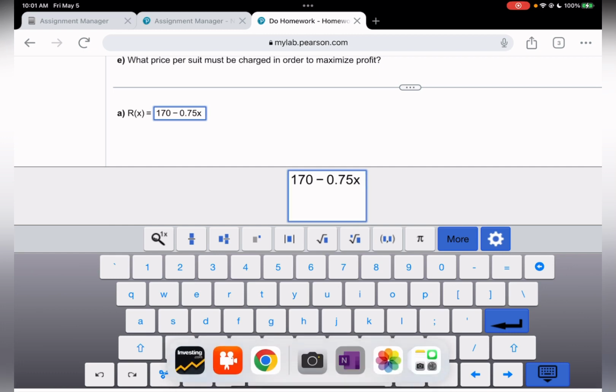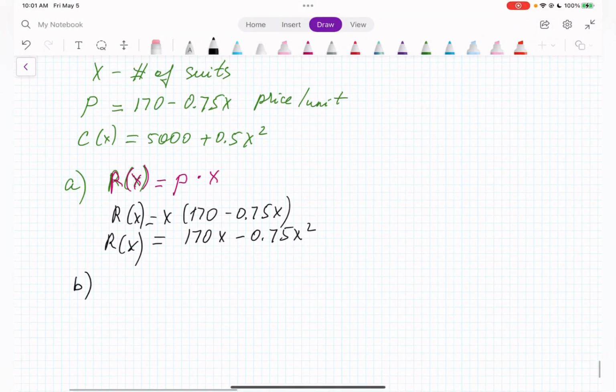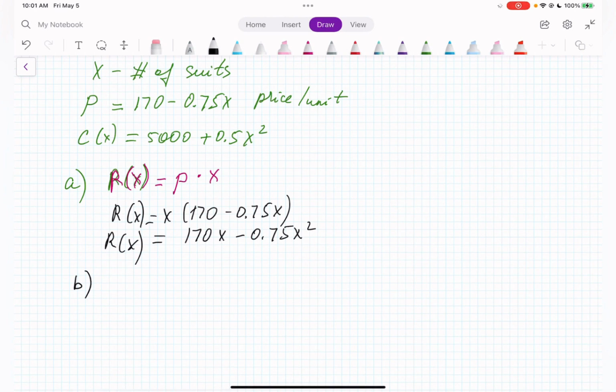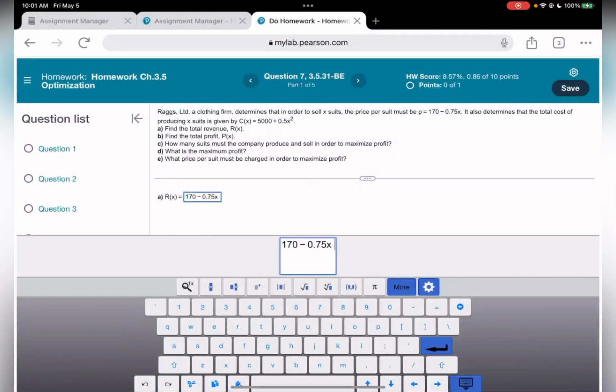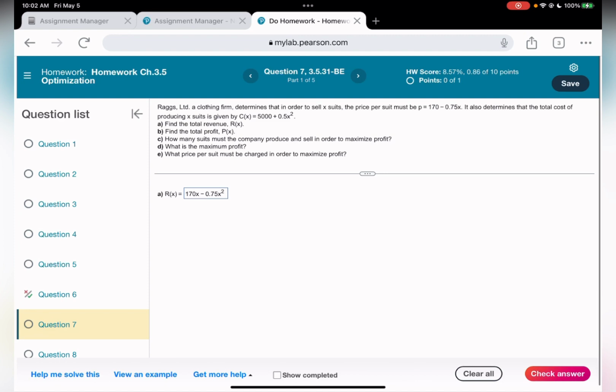Wait, let me double check. 170x minus 0.75x squared, okay. Cut it in time. Okay.